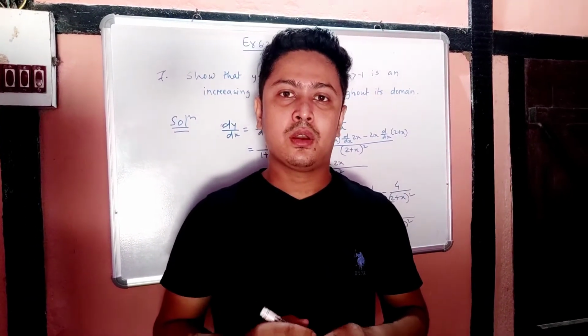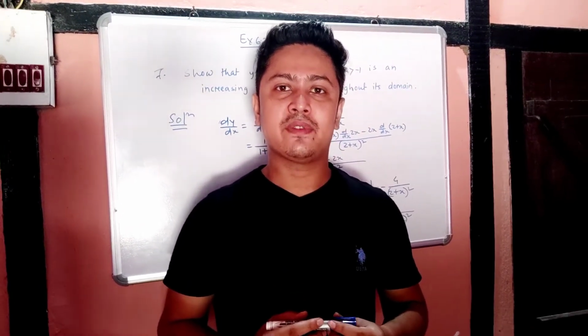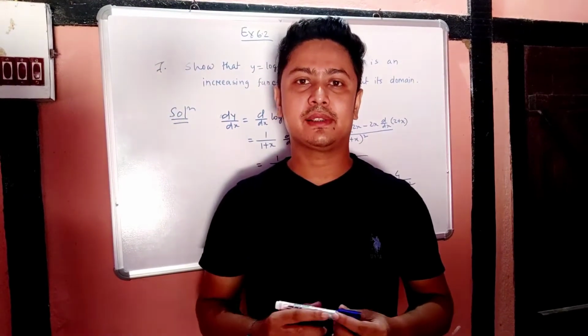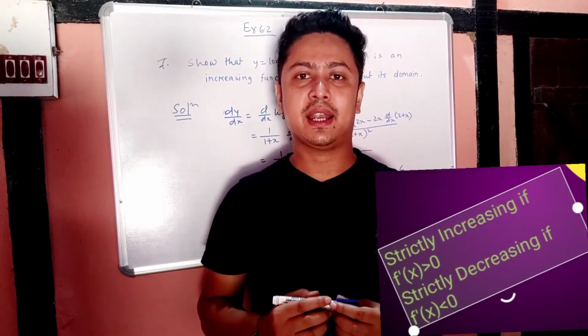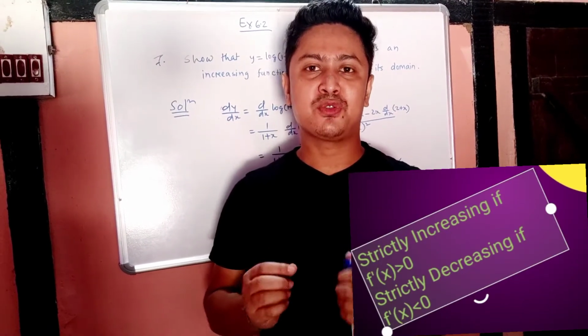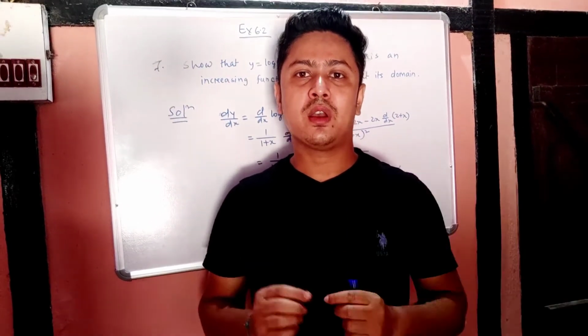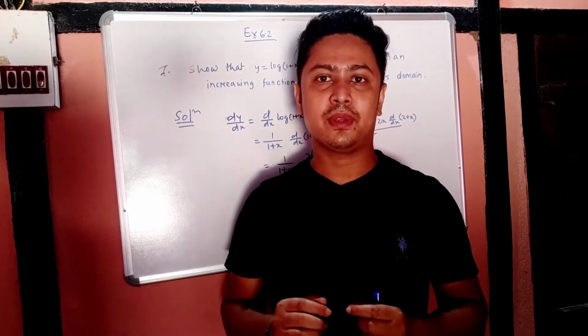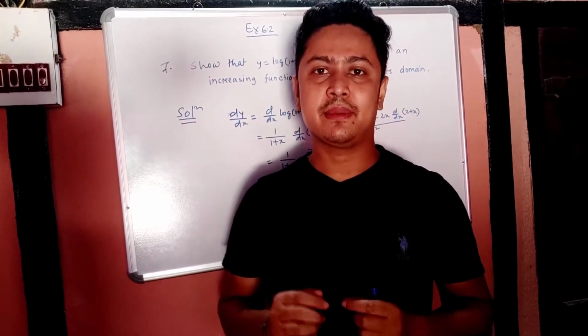After that, with the help of the critical points, we divide the real line into disjoint intervals. In the disjoint intervals, we check whether the function is strictly increasing or strictly decreasing by choosing some points in the particular intervals. So let's solve this problem step by step.